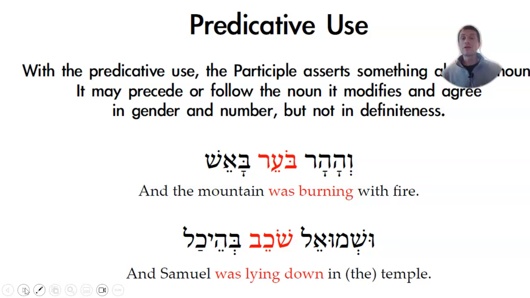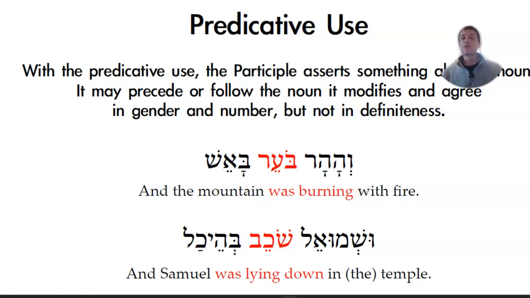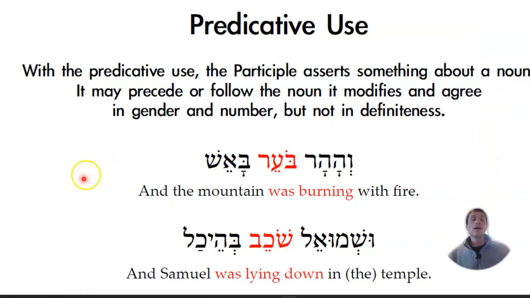Okay, participles can be used just like in English in one of three ways. They can be used as predicates, attributives, or substantives. In other words, they can be used like verbs, like nouns, or like adjectives. Now, in the predicative use, this is being used as a verb. So the participle asserts something about the noun, and when it's being used verbally, it can either come before or after the noun it modifies, but it must agree in gender and number.